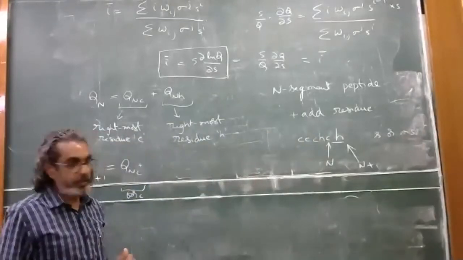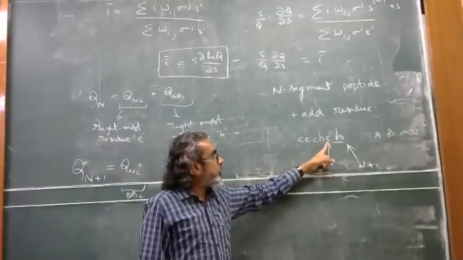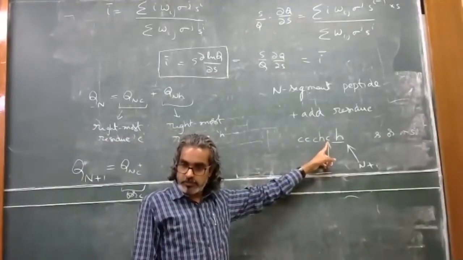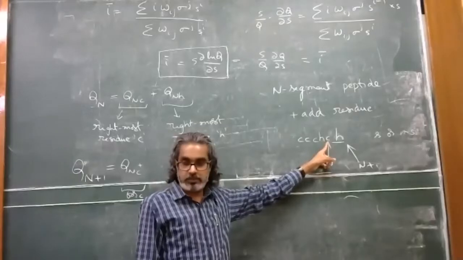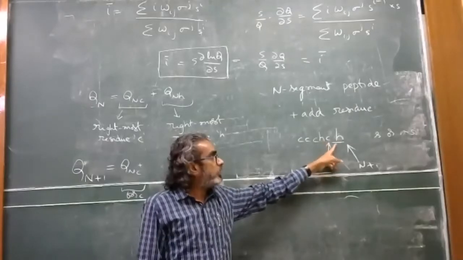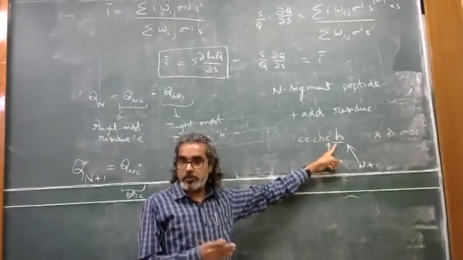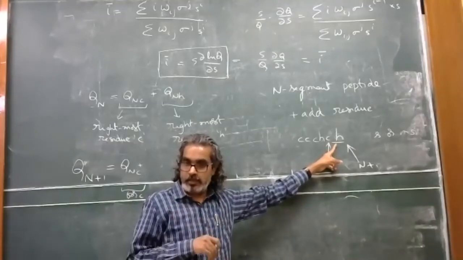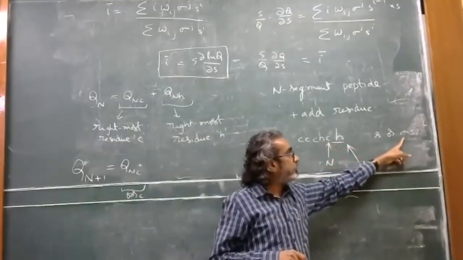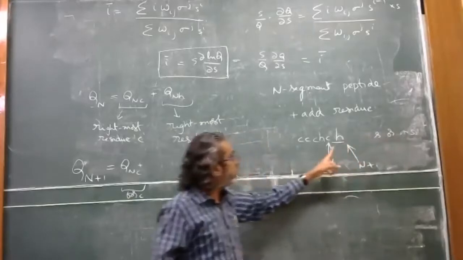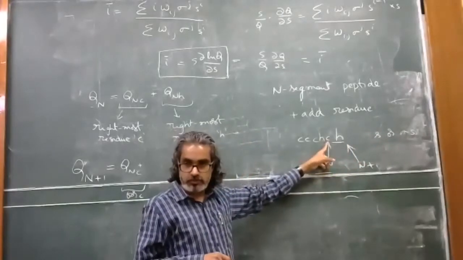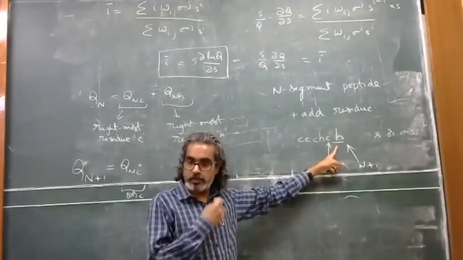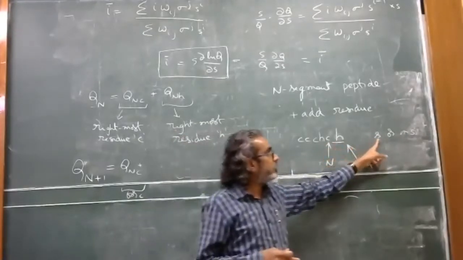You need to keep an eye on the previous residue. If the previous residue is coil and H is coming, then you are initiating a helix. If you are initiating a helix, you need the initiation parameter as well. But if the previous residue is H, then you don't need to initiate. The helix is already initiated, you just need the propagation parameter.